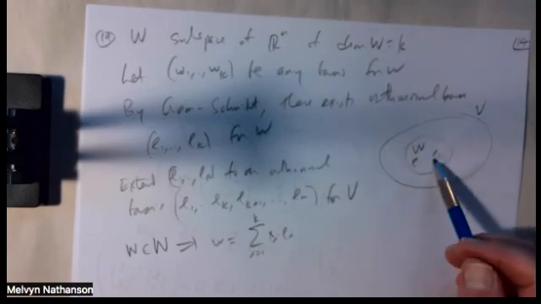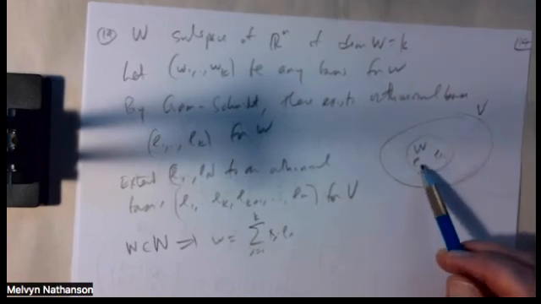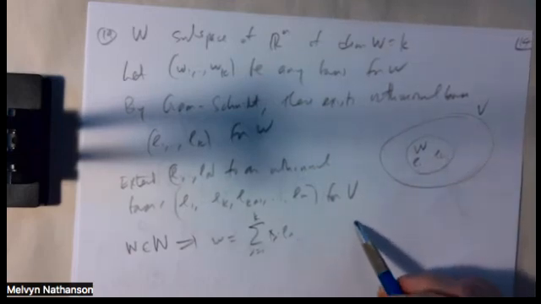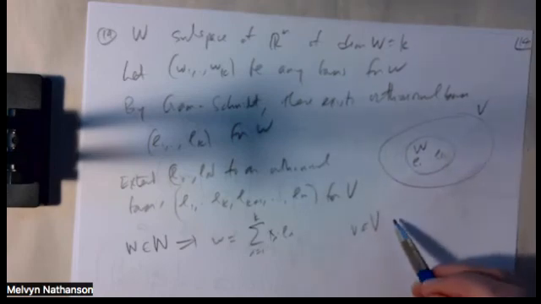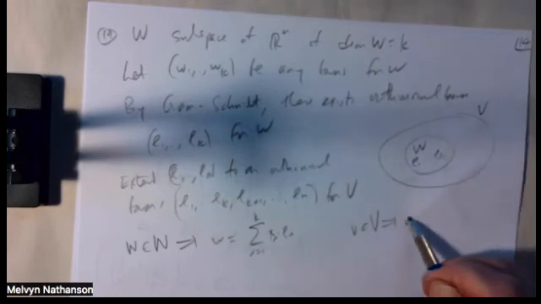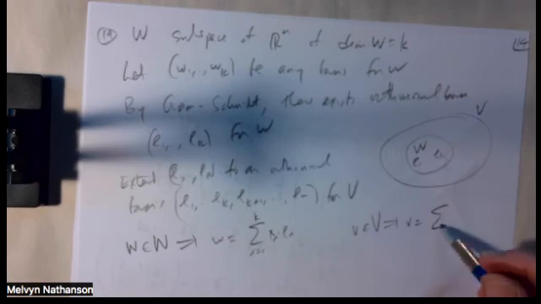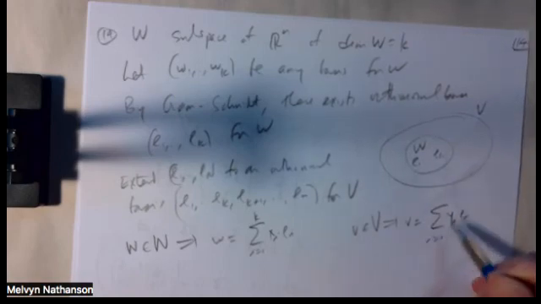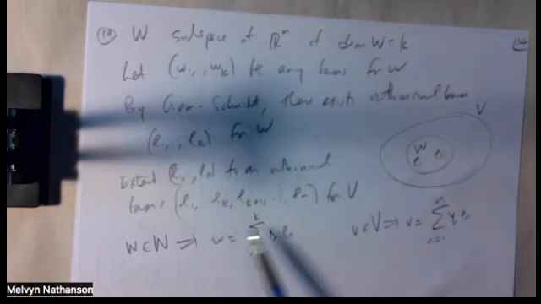Because if you're in the vector subspace W, the space is k dimensional, and these k vectors form a basis. If v is any vector in V, you can write v as a linear combination yi ei, i goes from 1 up to n, because e1 up to en is a basis for all of V.